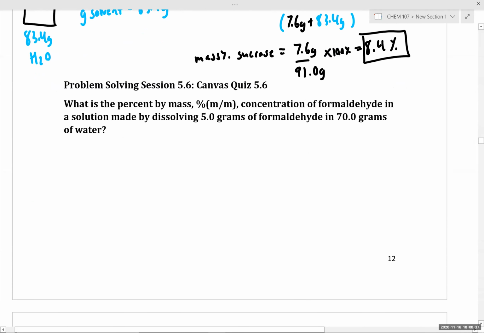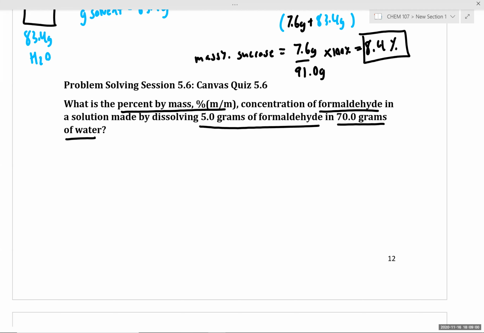So let's apply what we've just seen and try to calculate the percent by mass of formaldehyde in a solution made by dissolving 5 grams of formaldehyde in 70 grams of water. Let's work on this example for about 2 to 3 minutes.